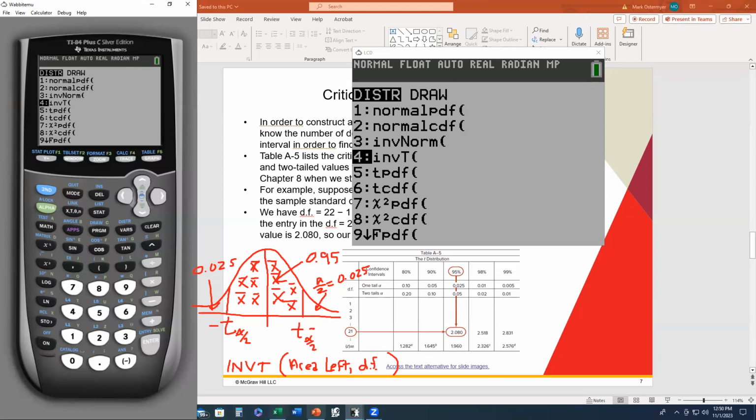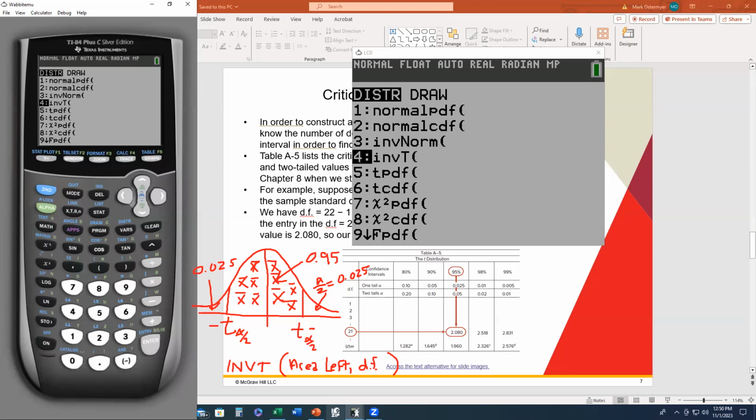Yes. All right, so if you don't have the inverse t, then you're not out of luck, okay? Because in your textbook, in your appendix, you have a t table, okay? Well, let's see where that's at. We got to find that here. That's very important.